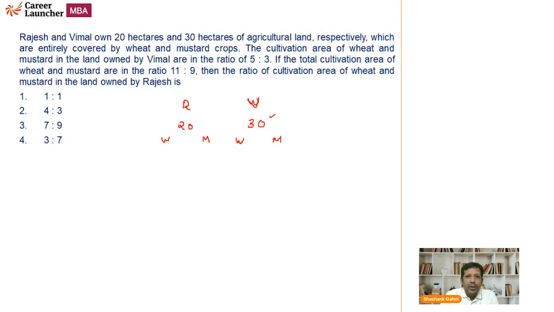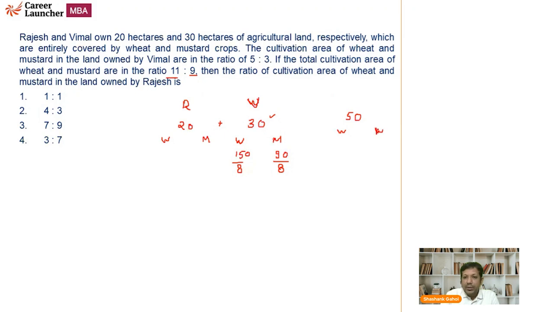Okay. So 5 by 8 of 30 is going to be 150 divided by 8. The total cultivation area of wheat and mustard, so total area is 11 is to 9. So what is the total area we are talking about? That is 50. Out of 50, how much is wheat?